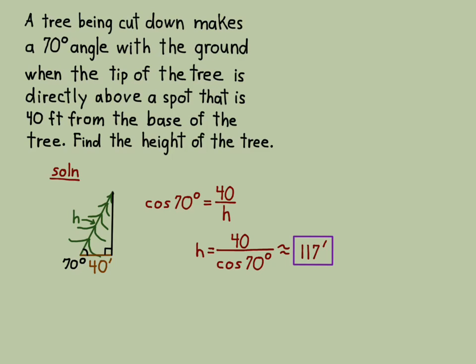I figured that since the base was given in feet, and it wasn't like 40.1 feet or 40 feet 1 inch or anything like that, that is probably only accurate to feet. So I just rounded it off to feet. So 117 feet is how tall the tree was originally, right before I started chopping at it.